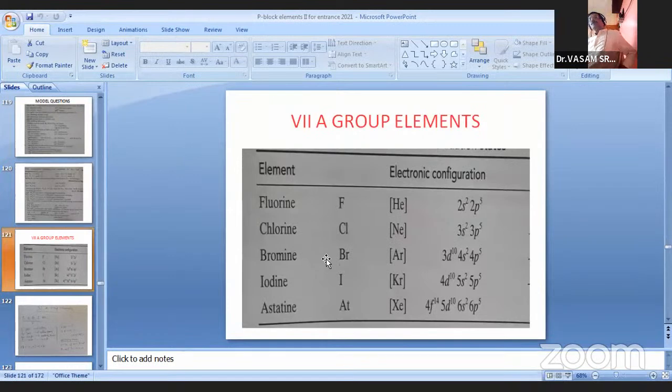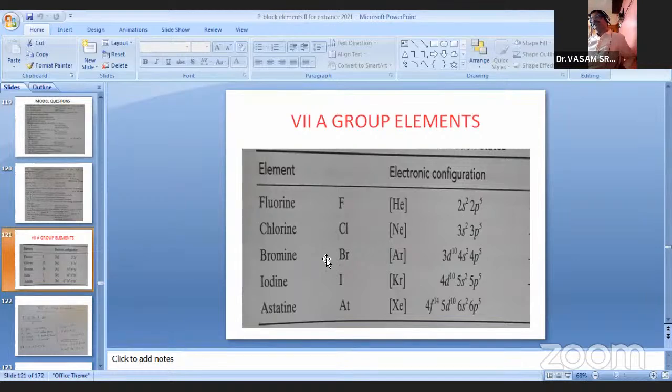And now come to 7th group elements. This is also very important. You know the group elements: fluorine, chlorine, bromine, iodine, astatine. Out of the 5 elements, except astatine, the first 4 elements we call halogens. Why are the 7th group elements generally called halogens?